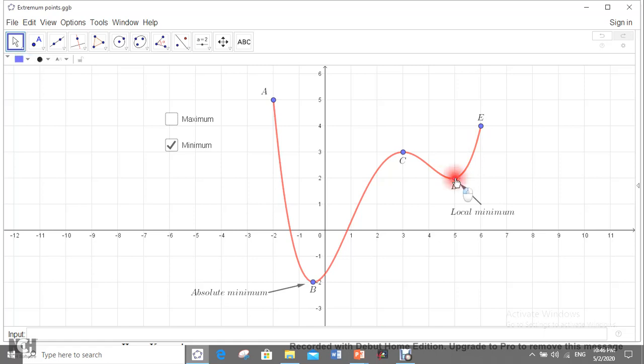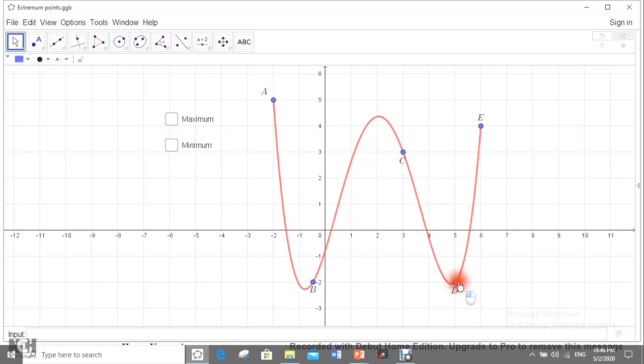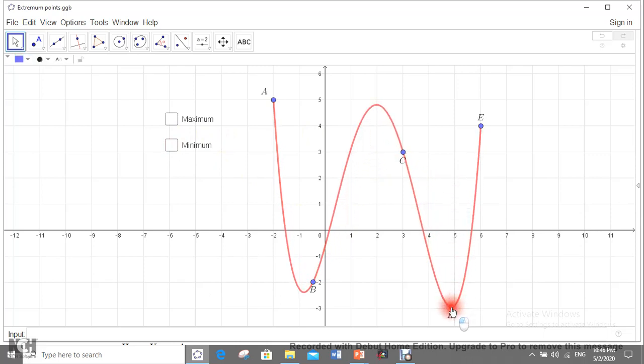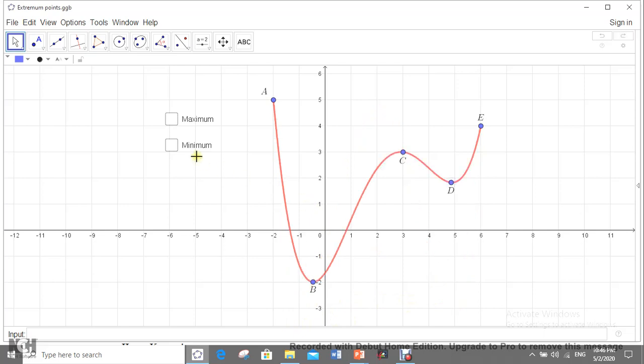And again, in some cases, this point may constitute the absolute minimum at the same time. As you see here, D is a local minimum and the absolute minimum, since there is no point below it.